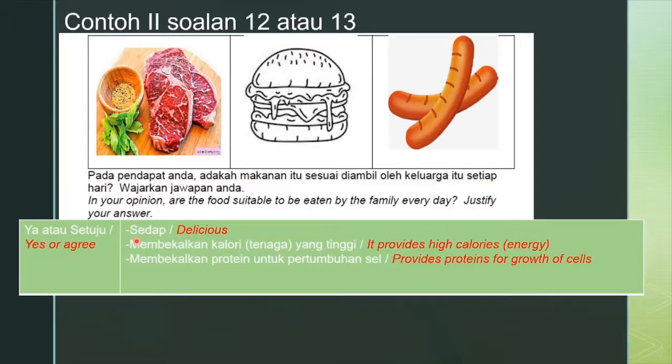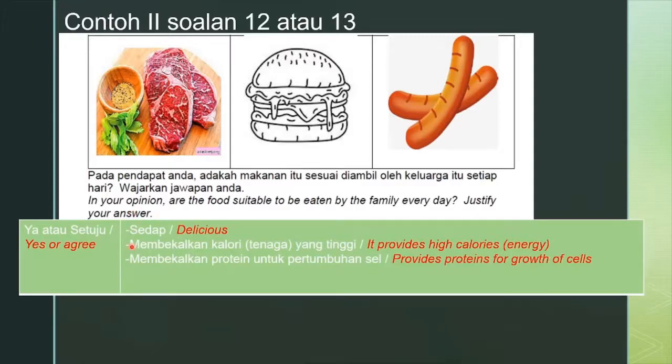Kenapa kita kata setuju? Sebab dia sedap, membekalkan kalori atau tenaga yang cukup tinggi, membekalkan protein untuk pertumbuhan sel. Untuk soalan ini, sebab dia minta pendapat kita kan. So kita sebenarnya boleh bagi jawapan ya ataupun setuju, ataupun kita boleh kata tidak setuju.